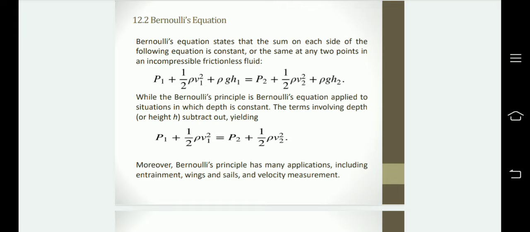So if we allow a small volume of fluid along its path, various quantities in the sum may change, but the total remains constant.